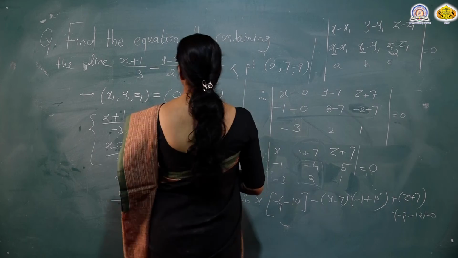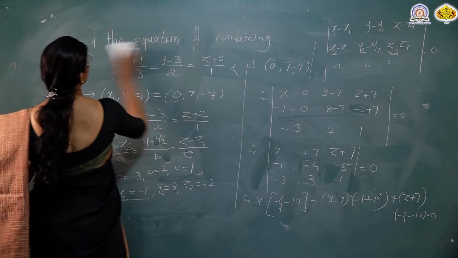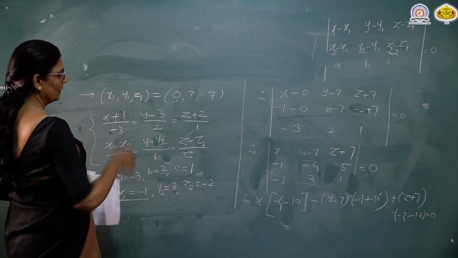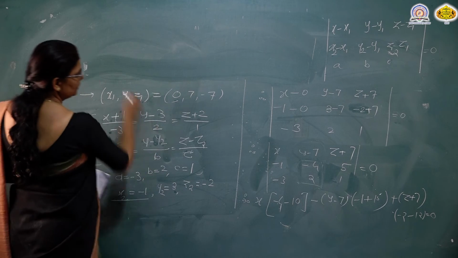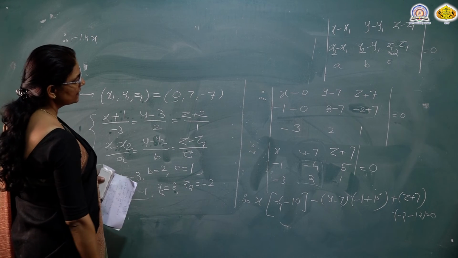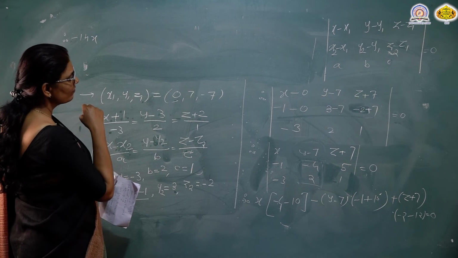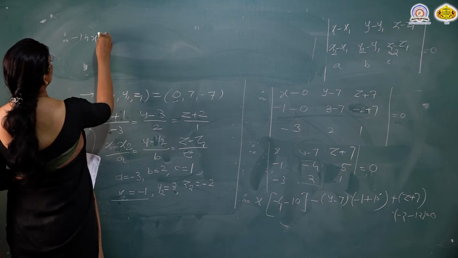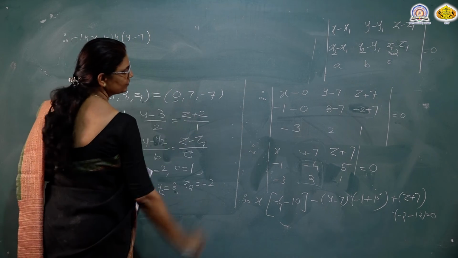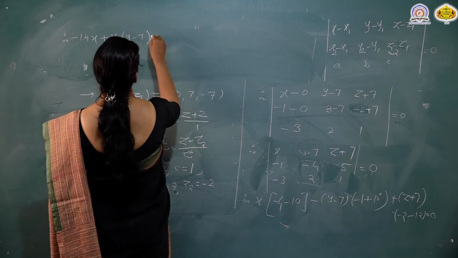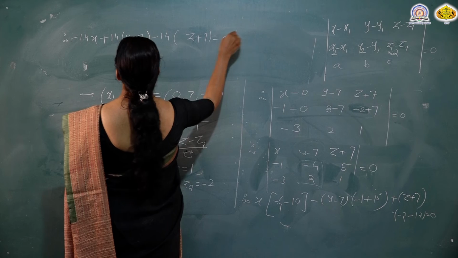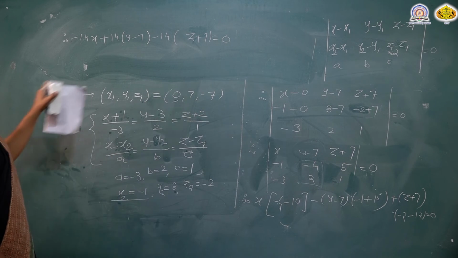Putting it equal to 0 and simplifying: the first term is minus 14x, the next term is plus 14 times (y minus 7), the next term is minus 14 times (z plus 7), equals 0.